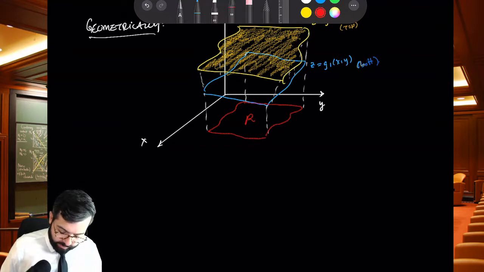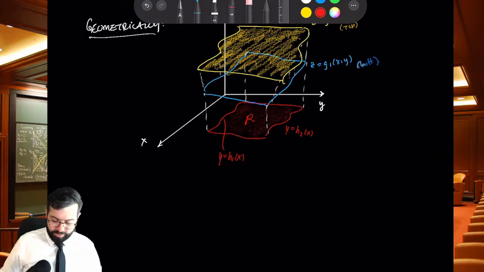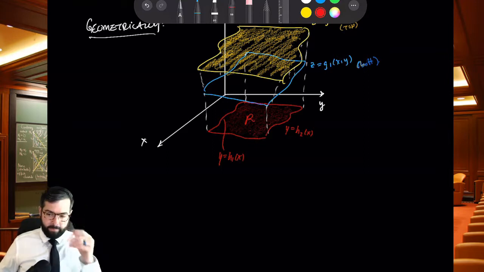because we can describe these boundaries up here as some y of x. Here's some h2 of x, and here's some other boundary over here, y equals h1 of x. So our R region, its shadow, is trapped between two curves that depend on x.